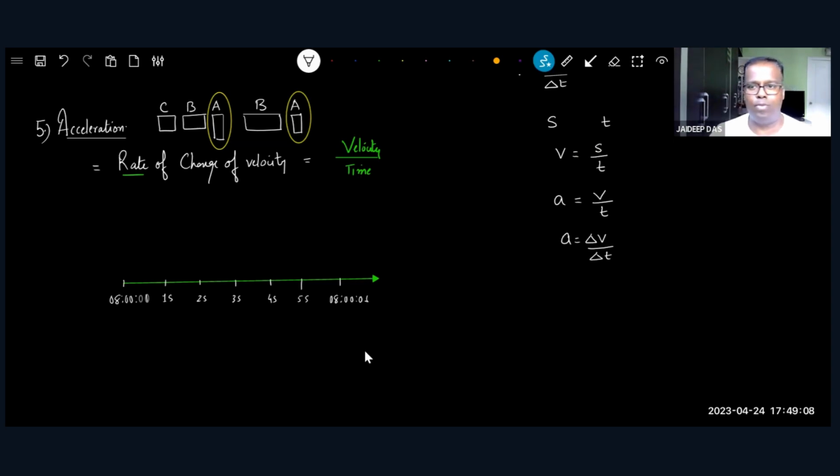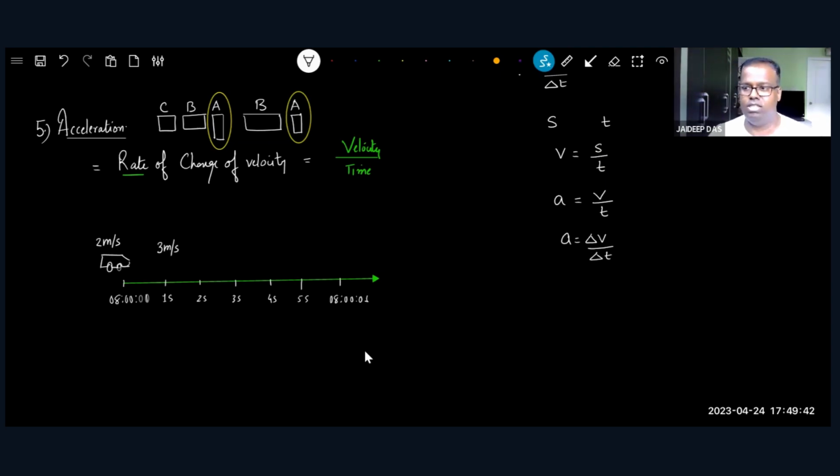This is time. At this moment, this is my vehicle, and my vehicle has a velocity of, say, 2 meters per second. Have you understood? After 1 second, suddenly the velocity of this vehicle has become 3 meters per second.